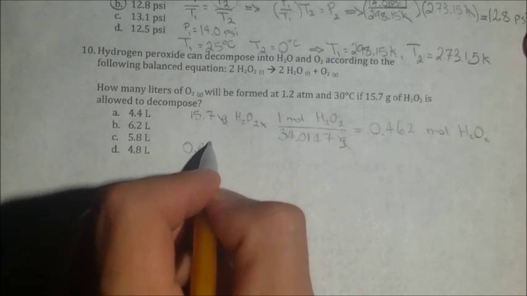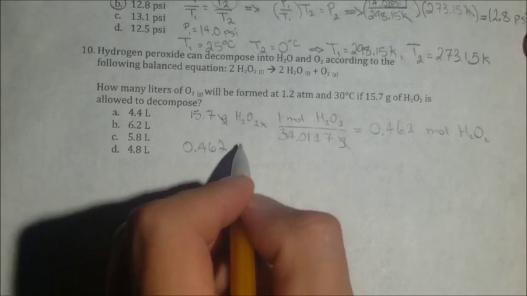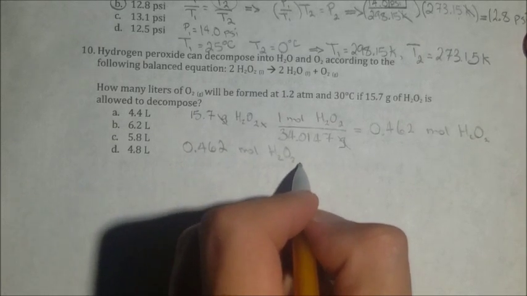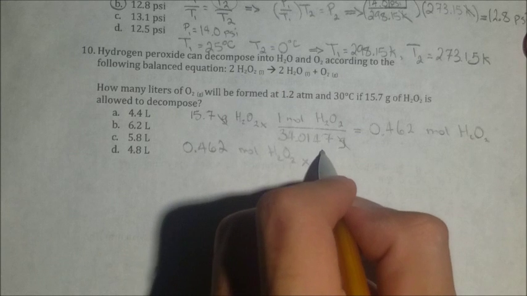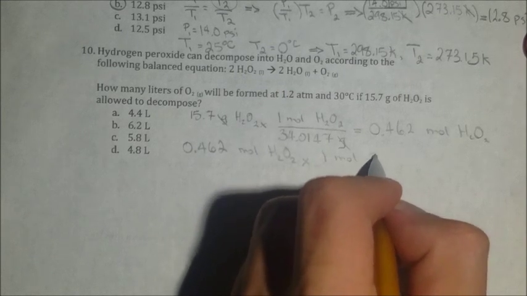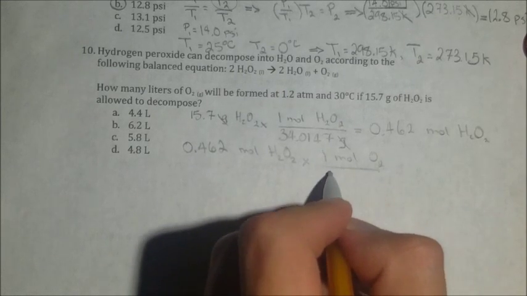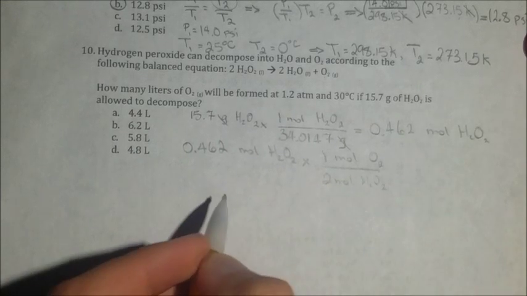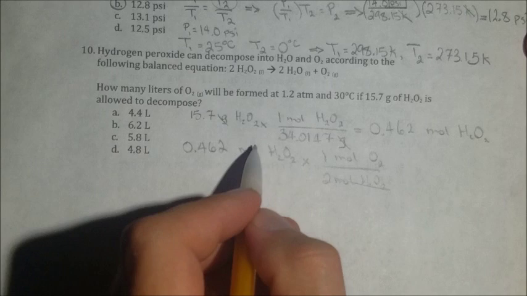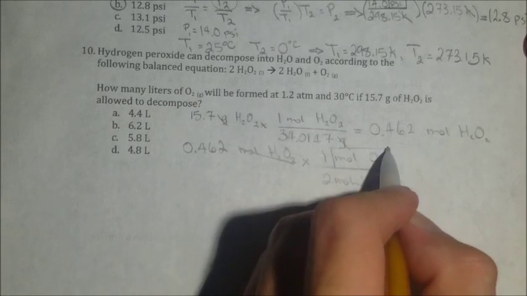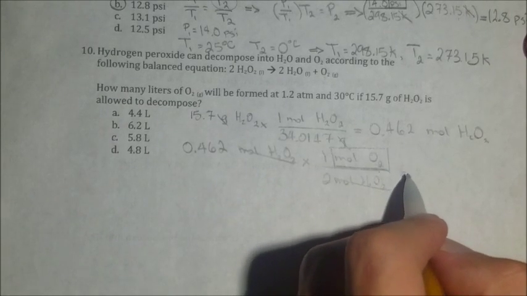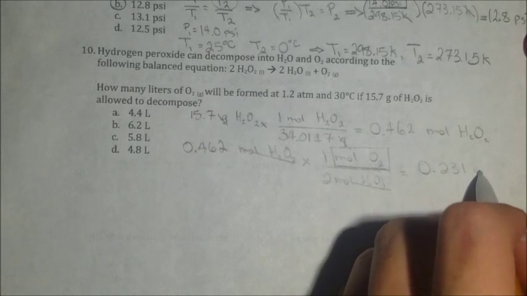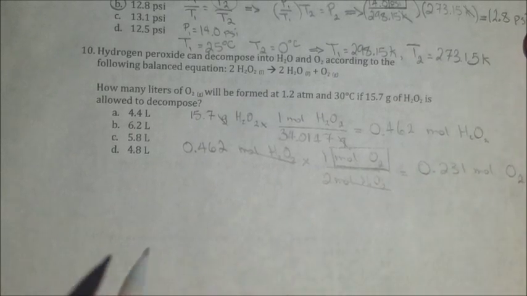So we know we reacted 0.462 moles of H2O2, and then 1 mole of oxygen gas is produced when 2 moles of H2O2 are consumed or reacted. Now moles of H2O2 go away, and we are now in moles of oxygen gas, which are 0.231 moles of O2.